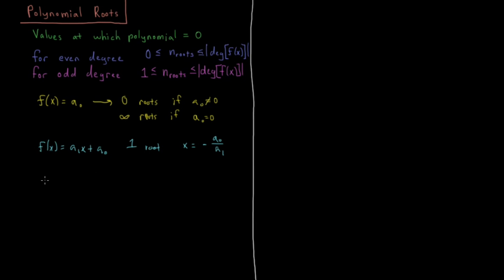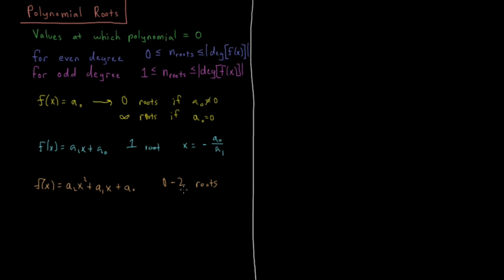Okay, what if we have a second-order polynomial, f of x equals a2x squared plus a1x plus a0? How many roots does that have? That's going to have somewhere between 0 and 2 roots. So for a second-order polynomial, 0 is less than or equal to n, which is less than or equal to 2.